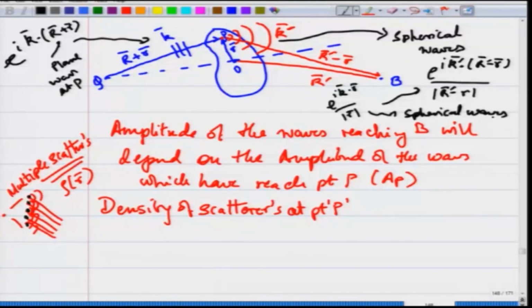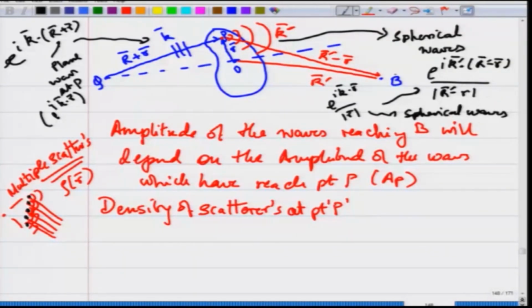We would have studied this in electromagnetism as well as in quantum mechanics, that spherical waves have the form e raised to i k dot r divided by the magnitude of r, and incident plane waves have the form e raised to i k dot r, okay.